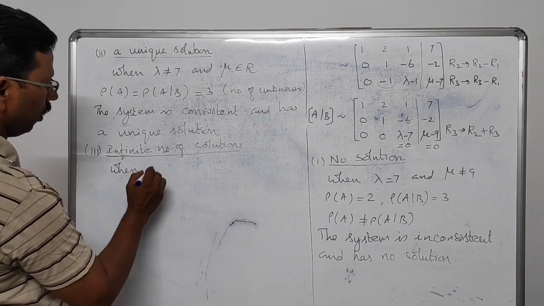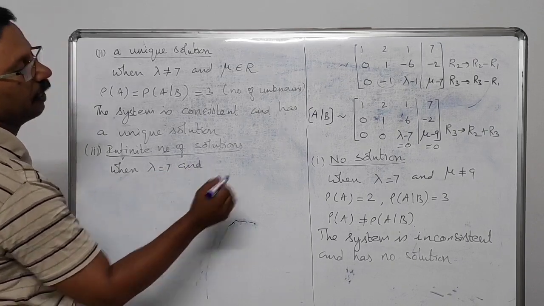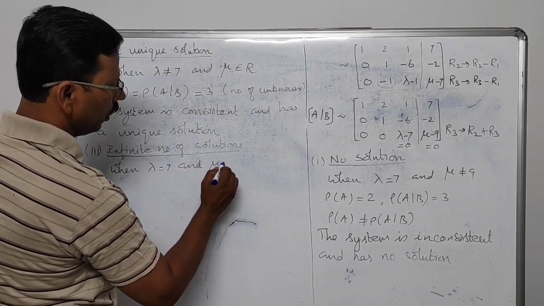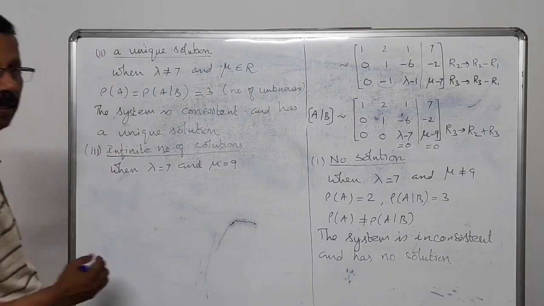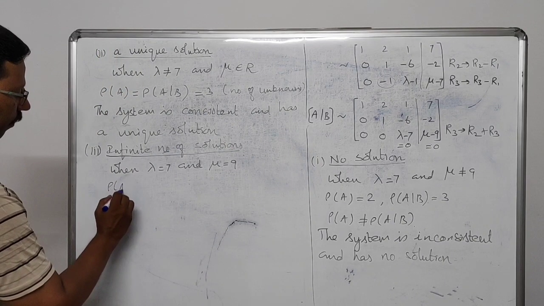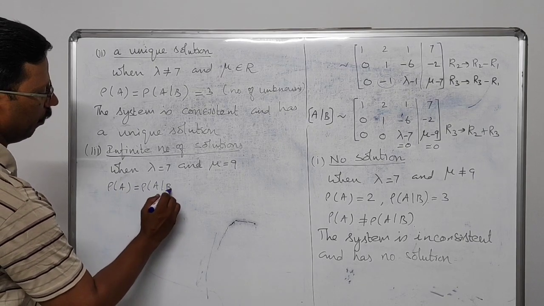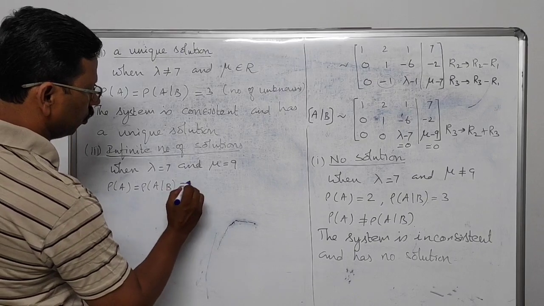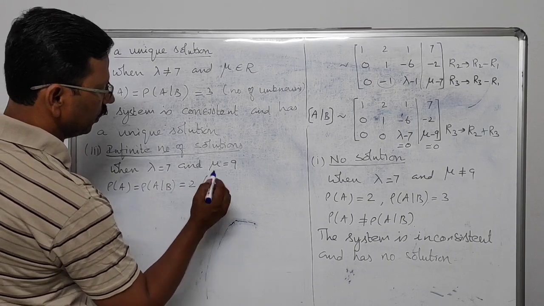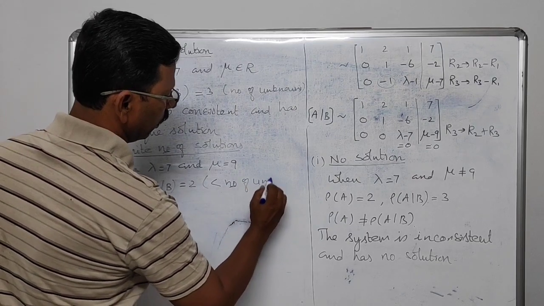So when lambda is equal to 7 and mu is equal to 9, then rank of A is equal to rank of AB, which is equal to 2. This is less than the number of unknowns.